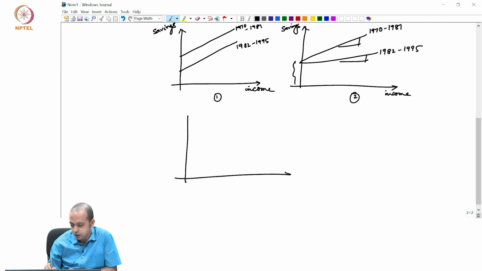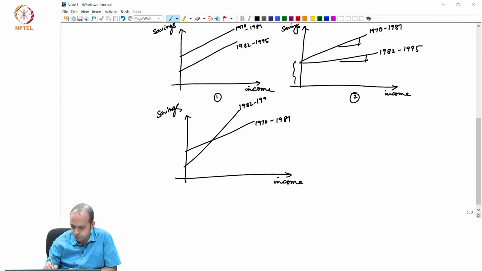income, and saving. So, it is 1970 to 1981, this is 1982 to 1995.